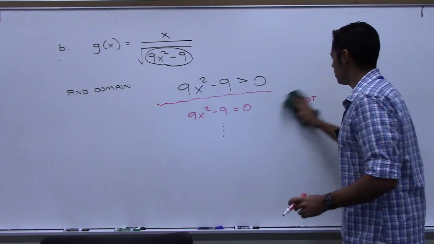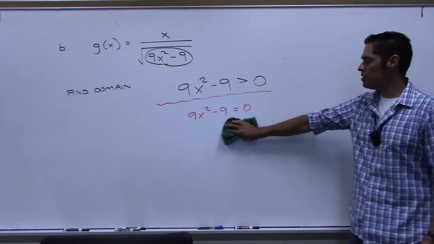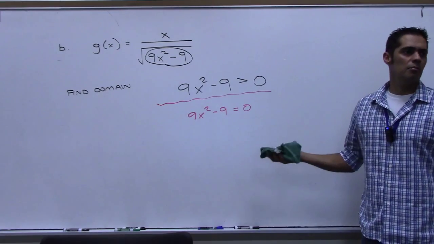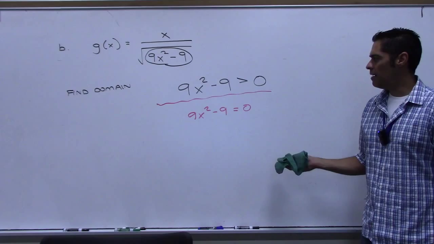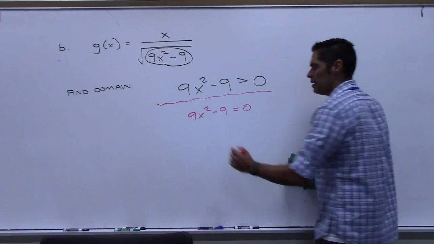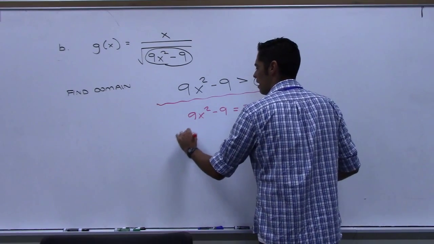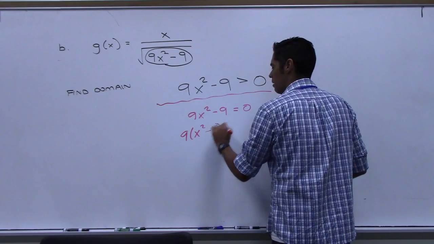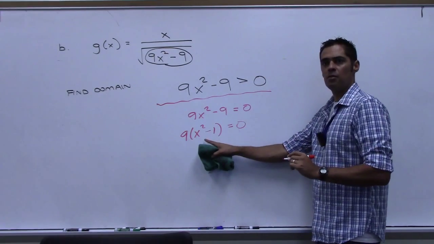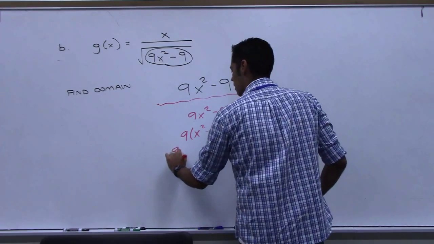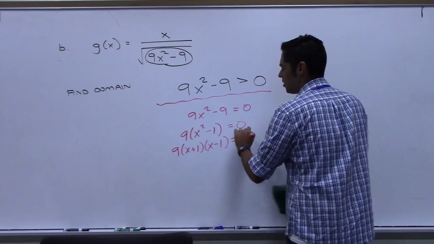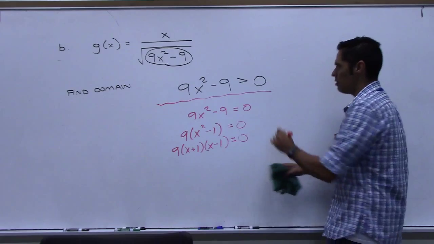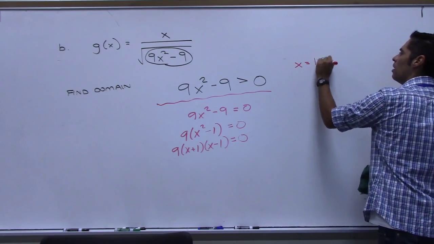From what I've noticed, there are some issues in solving this equation, like different ways to do it. I can think of 3 different ways right now. One way would be to factor 9 out, and then look at that as a difference of squares: x plus 1, x minus 1, and then set each of those equal to 0. So you get 2 answers, 1 and -1.